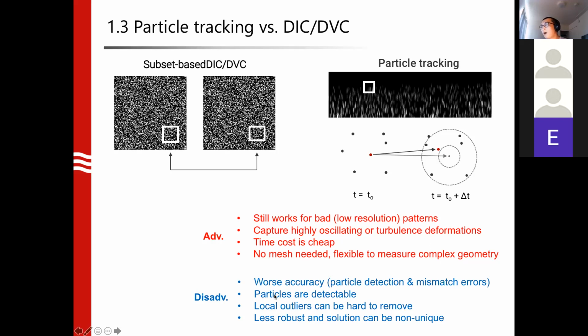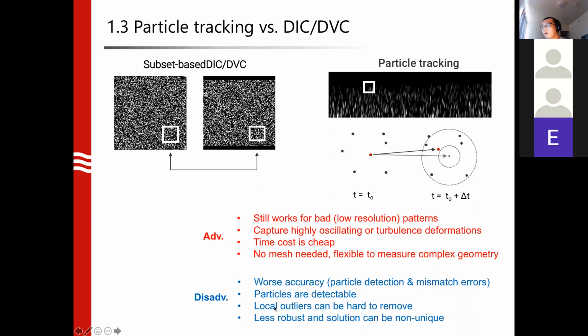And for particles, you need to accurately and robustly detect the center of the particle. Sometimes this can be hard because under the microscope, some particles may not be spherical. They may have complex lighting or other environmental effects. So this will influence the accuracy of the particle tracking.